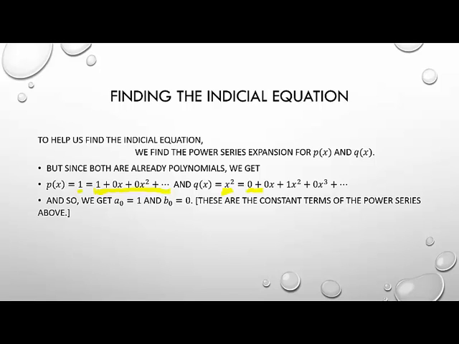A power series for x squared would look something like this, where it's zeros except for this 1 next to the x. Again, for the indicial equation, the only important terms are the constant terms. So a sub 0 is equal to 1, that's the constant term for p, and b sub 0 is equal to 0, that's the constant term for q.